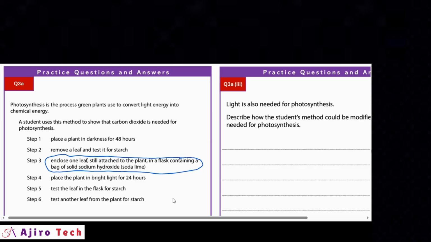So that is what we can do to prevent the leaf from being exposed to light. And then we carry out the rest of the investigation the way it is structured. It's only step 3 that we are going to change.